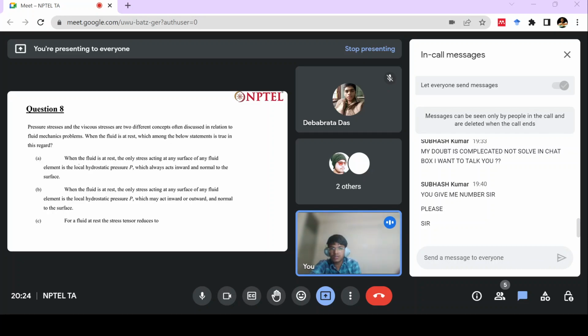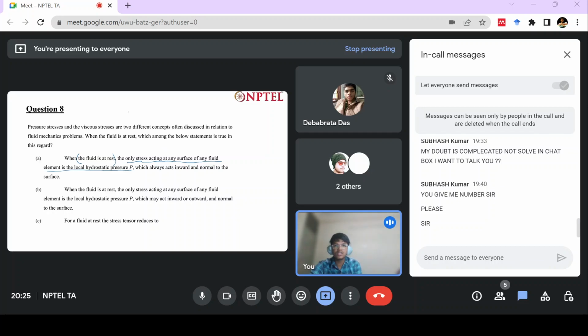So a few things are mentioned here. The fluid is at rest, so we have no velocity. Whichever reference frame we are looking from, the fluid velocity is zero everywhere. That means the fluid is at rest. The statement they have made is that the only stress acting on any surface of any fluid element is the local hydrostatic pressure P. Hydrostatic pressure is mechanical pressure.